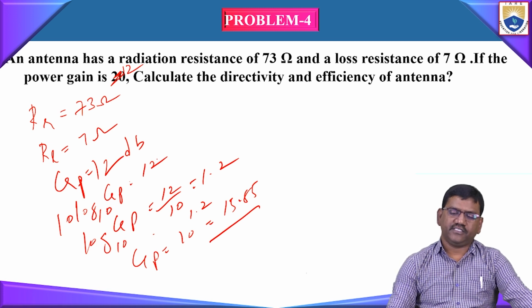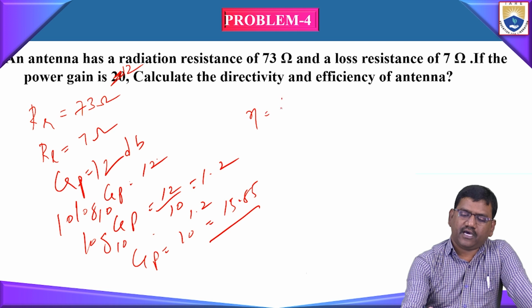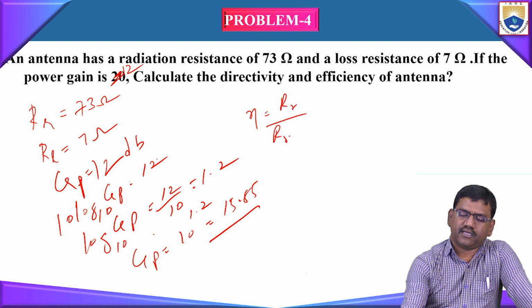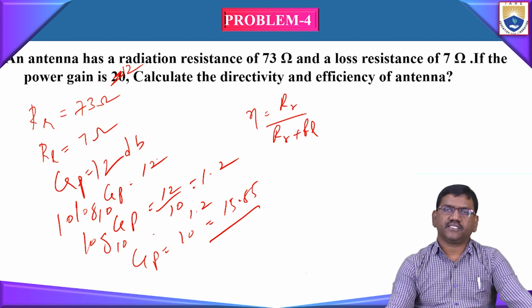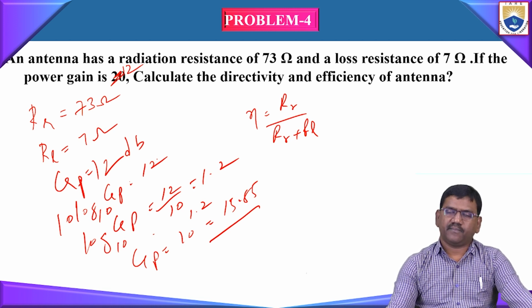We know that the efficiency of the antenna is given by RR by RR plus RL.